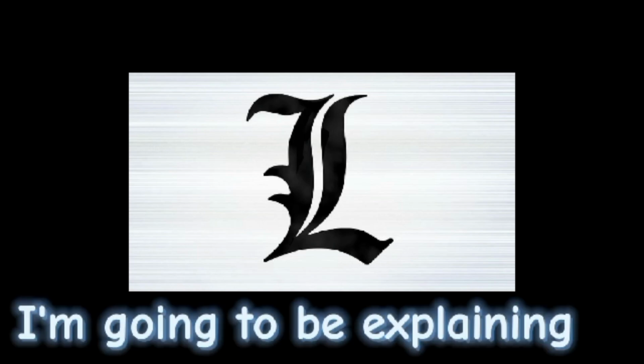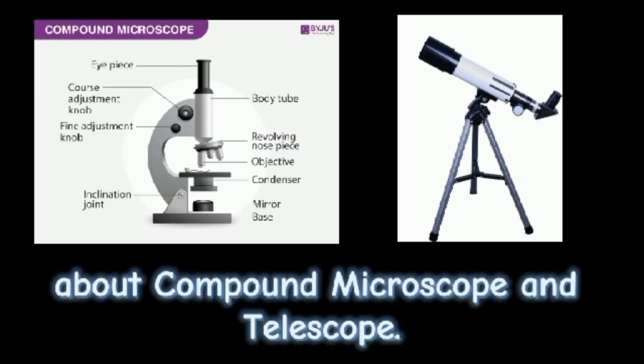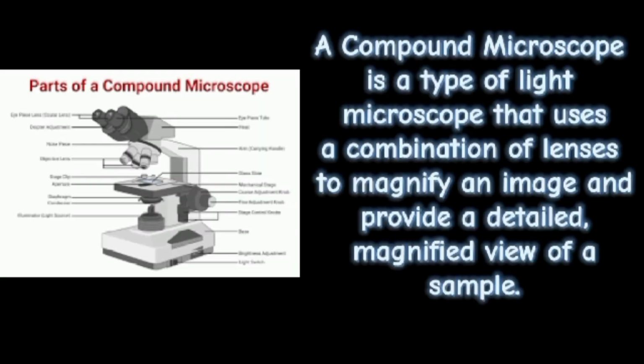So today, I'm going to be explaining about compound microscope and telescope. Without wasting any time, let's get into it. So, what is a compound microscope? A compound microscope is a type of light microscope that uses a combination of lenses to magnify an image and provide a detailed, magnified view of a sample.